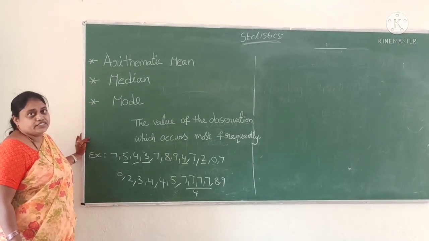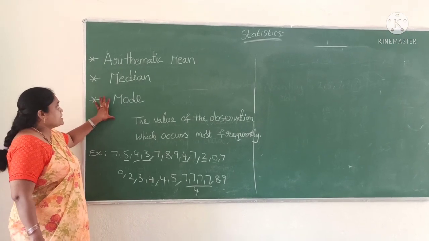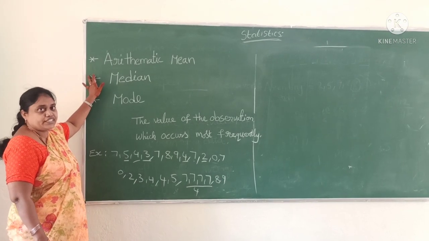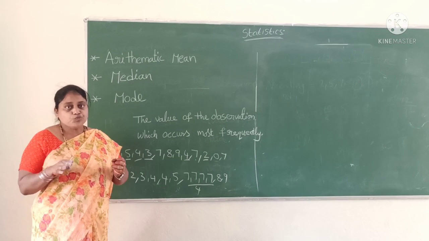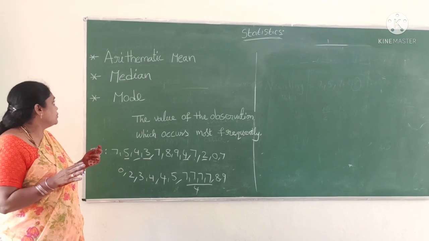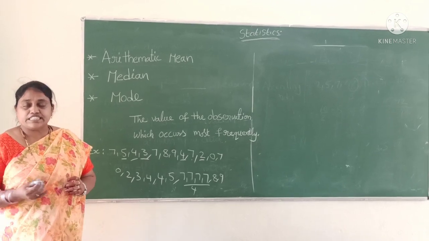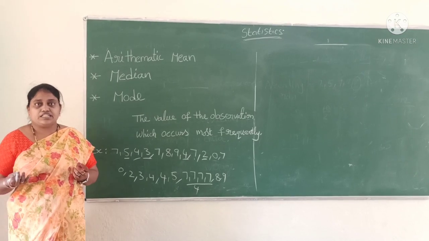Okay, understand students? These are 3 types of measures of central tendency. First one is arithmetic mean, the second one is median, and the third one is mode. We know how to calculate arithmetic mean for raw data and grouped data.